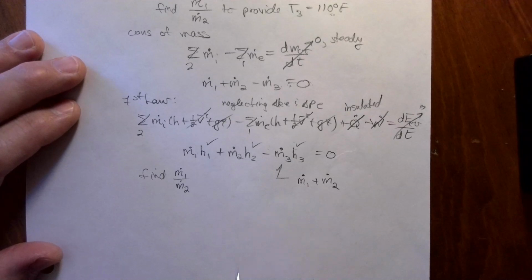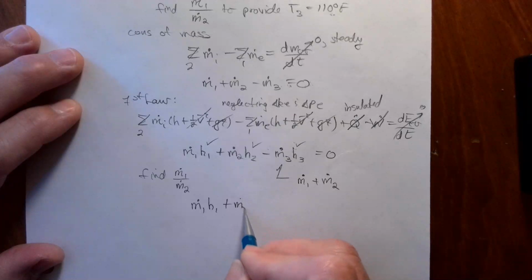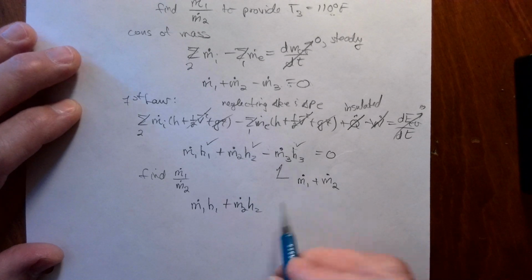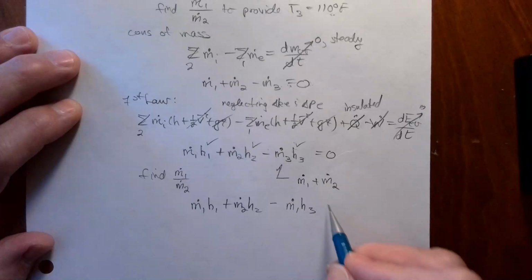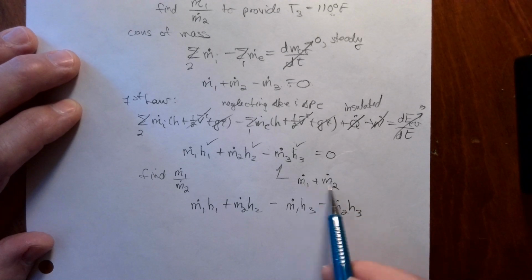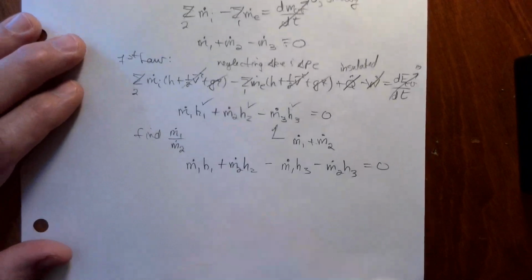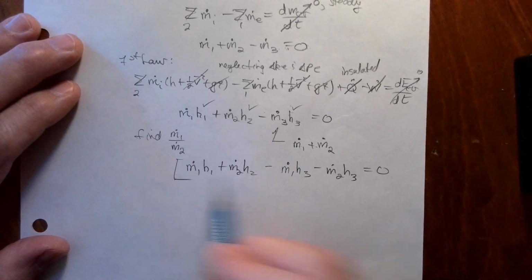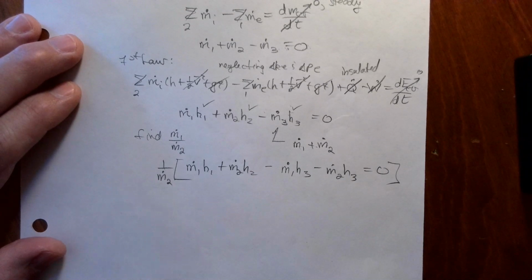So let's substitute: m dot 1 h1 plus m dot 2 h2 minus m dot 1 h3 minus m dot 2 h3, to account for both of these. That's equal to 0. Now take that equation and divide it by m dot 2.